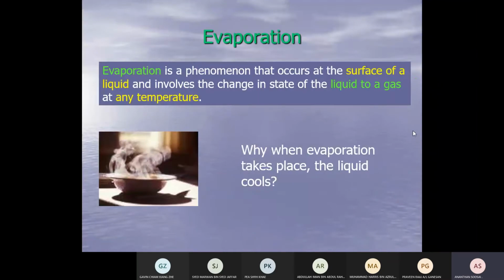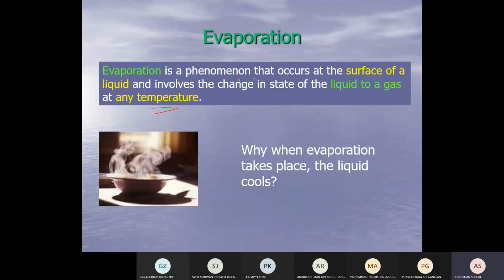This you also learned before, right? Same stuff, you want to recall back. Evaporation is a phenomenon that occurs at the surface of the liquid and involves change of state from liquid to gas at any temperature. Normally evaporation will be compared with boiling, right?